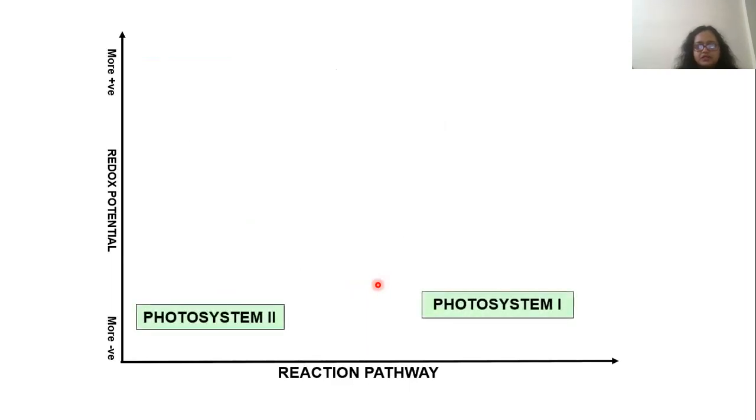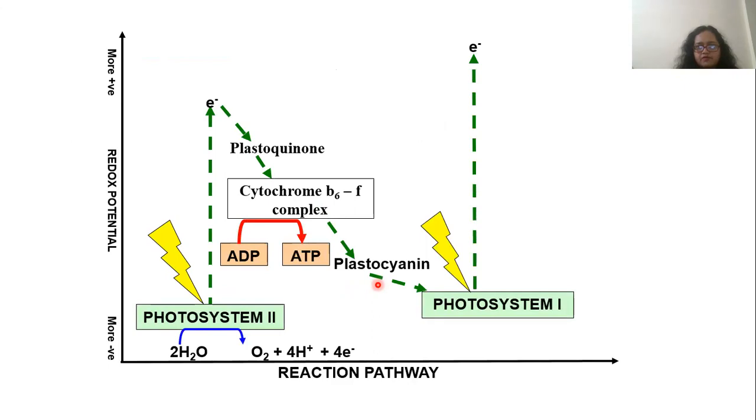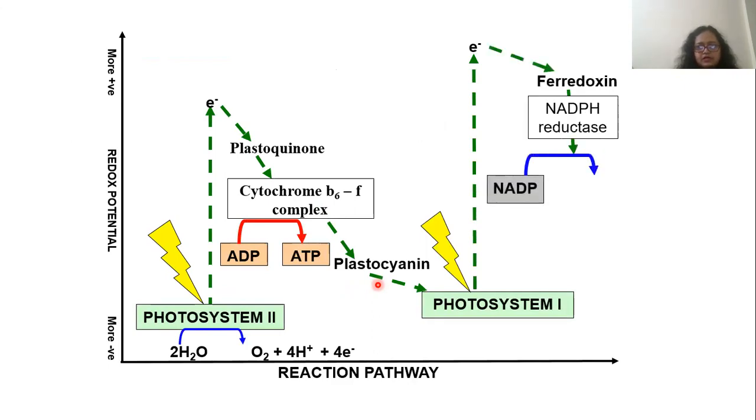Now we will study the whole diagram of photosystem 2 and photosystem 1 in the form of this shape. We can see that in photosystem 2, splitting of water occurs. Photosystem 2 is excited by light, electrons are released and accepted by the electron transport chain. An ATP molecule is synthesized. Those electrons are captured by PS1.